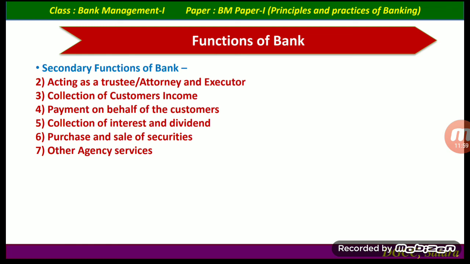Sixth function is purchase and sale of securities. The bank buys and sells shares and securities of private companies as well as collects dividend of shares on behalf of its customers. Since banks are better in the knowledge of market condition than the common people, they buy and sell shares and securities at the most favorable terms.